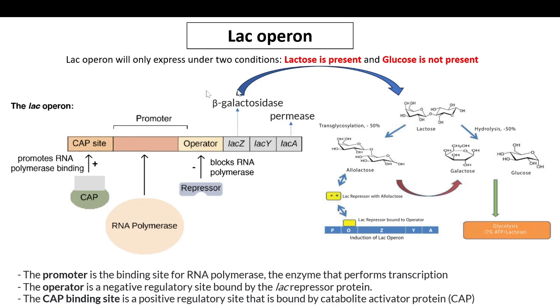These are normally found in prokaryotic organisms like bacteria, and the whole cluster is transcribed into a single mRNA, from which translation occurs and gives rise to different proteins respective to the different genes. So this is what an operon is all about.